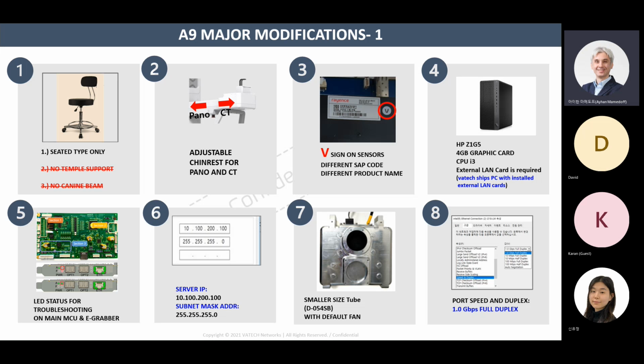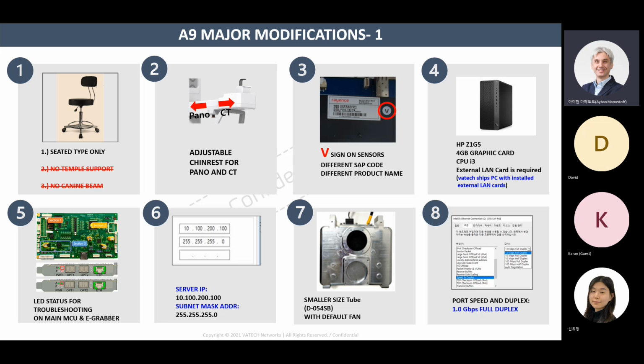So first things first, let's take a look at the few changes, modifications that we did on this A9 EOX model. The first one is that this is a chair type.